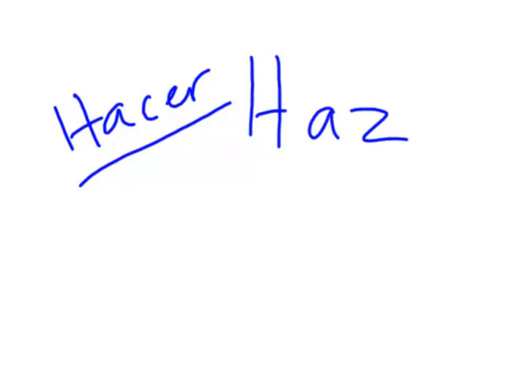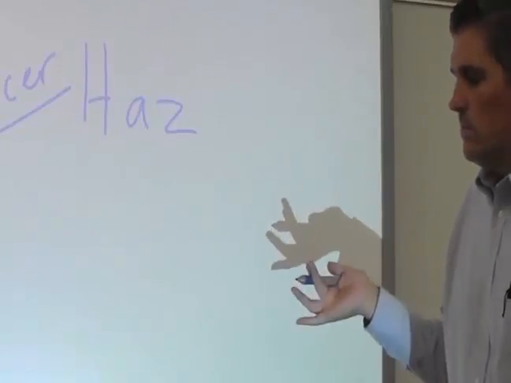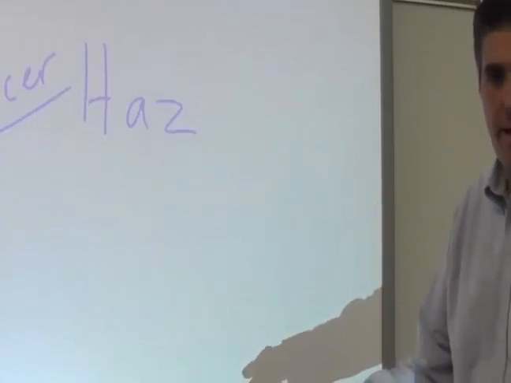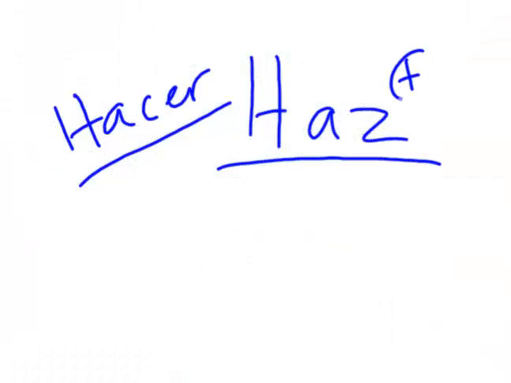Haz la tarea. Haz tus quehaceres, do your chores. Haz la cama, make the bed. Haz is an affirmative tú command. It's irregular. Okay, when you're telling somebody to do something, haz. We'll talk about the irregular one in another lesson.